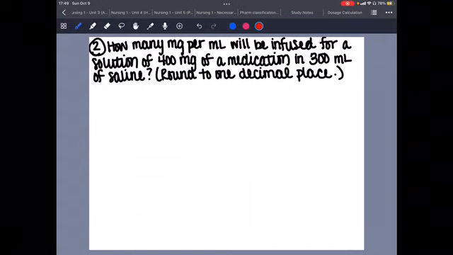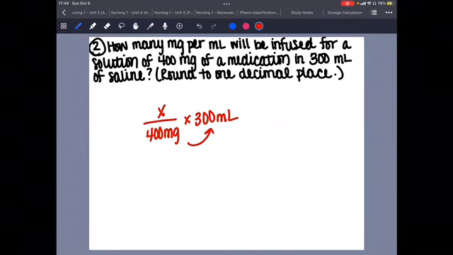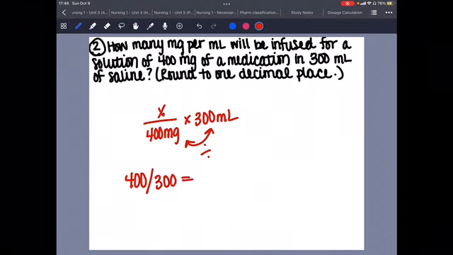Next one. How many milligrams per mL would be infused for a solution of 400 milligrams of a medication and 300 milliliters of saline? So we got X over 400 milligrams times 300 mLs. I'm going to divide those two.